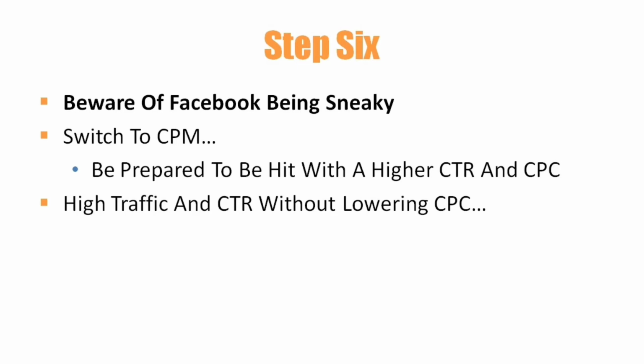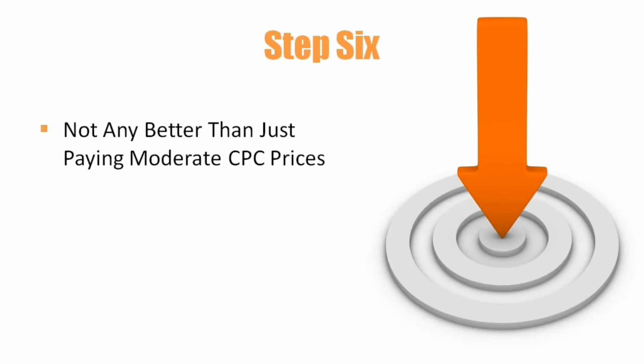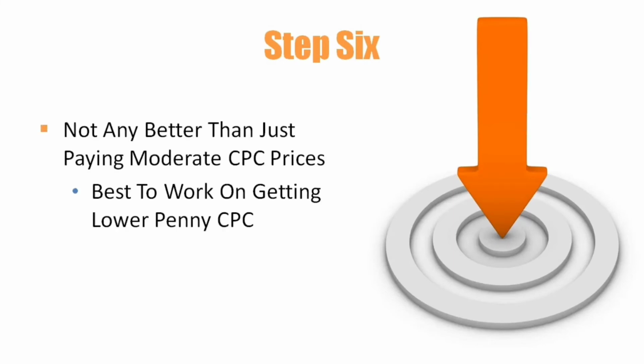This method is sneaky, and it can seem like a good idea at first, but it will make you broke. It's not any better than just paying moderate CPC prices in the first place. It's best to work on getting lower penny CPC.